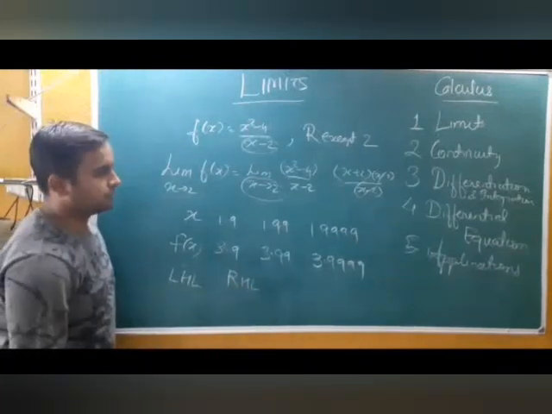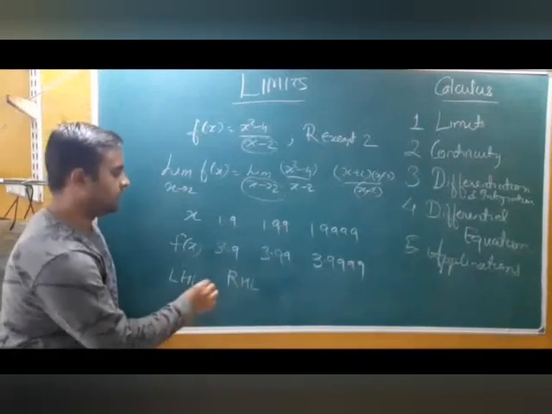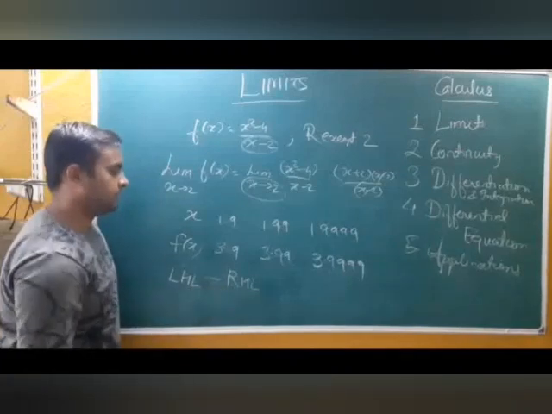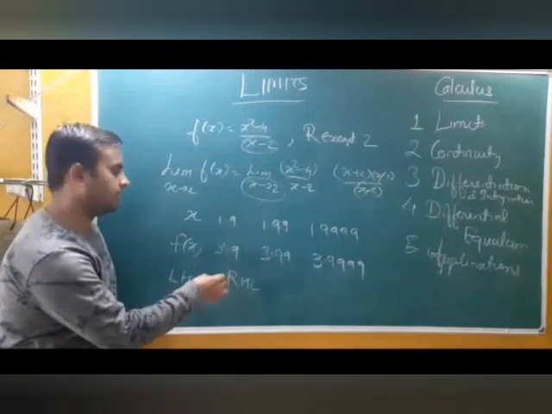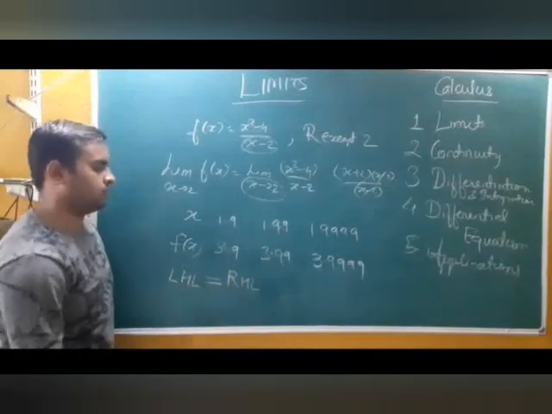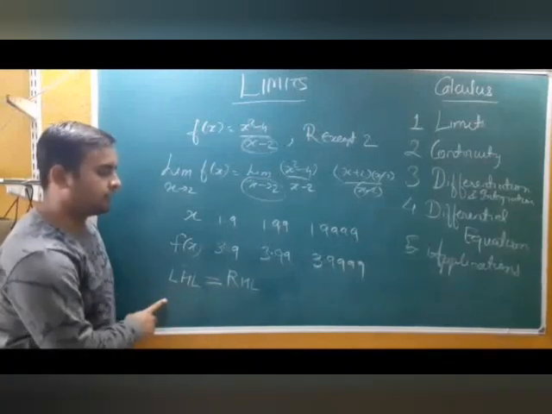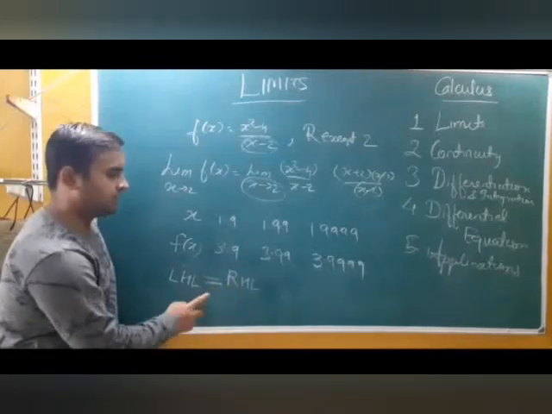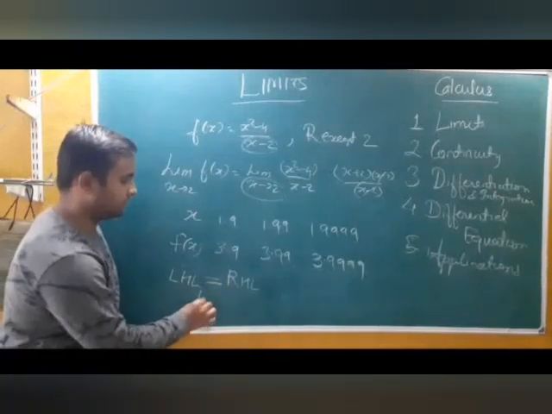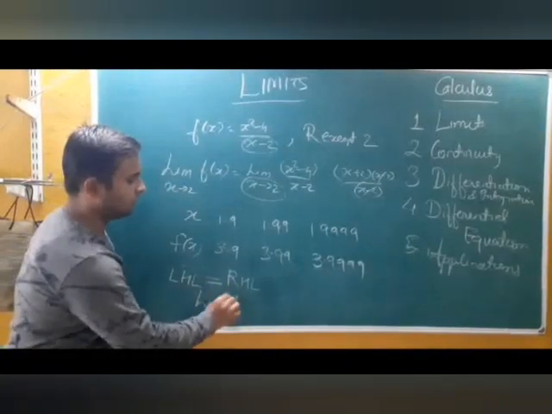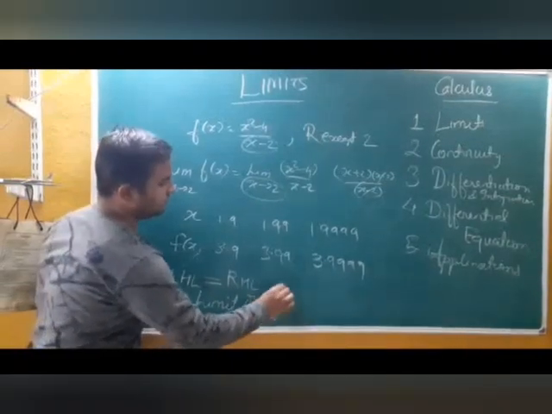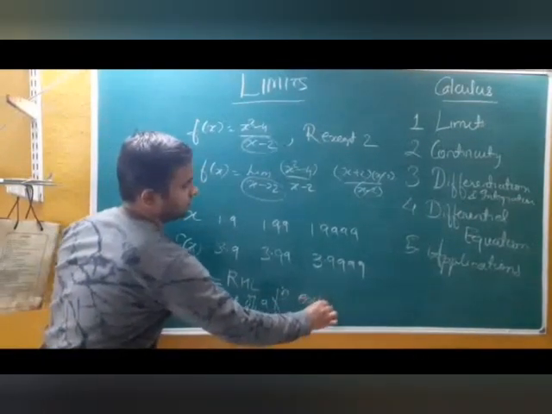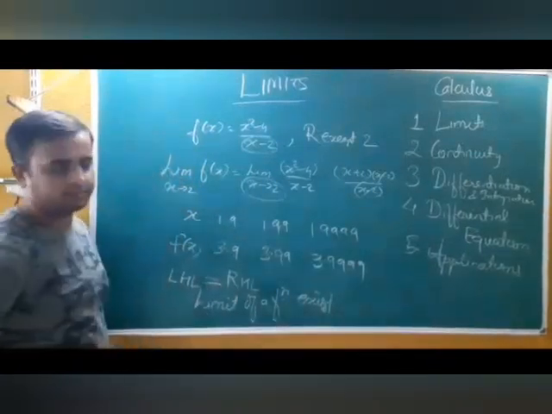And in both the cases, you have observed that the left hand limit is approaching towards 4 and right hand limit is also approaching towards 4, and hence we can say left hand limit is equal to right hand limit. And if this occurs, you can say limit of a function exists. Clear?